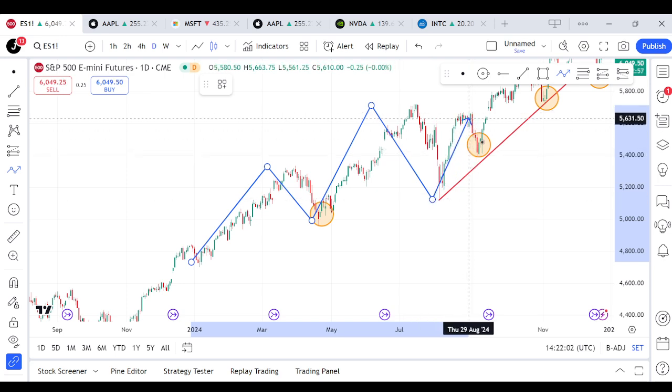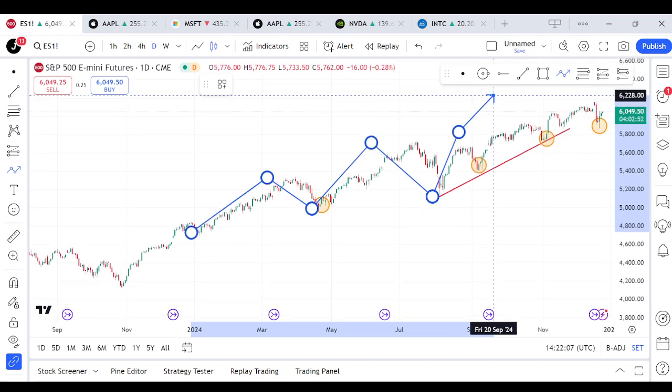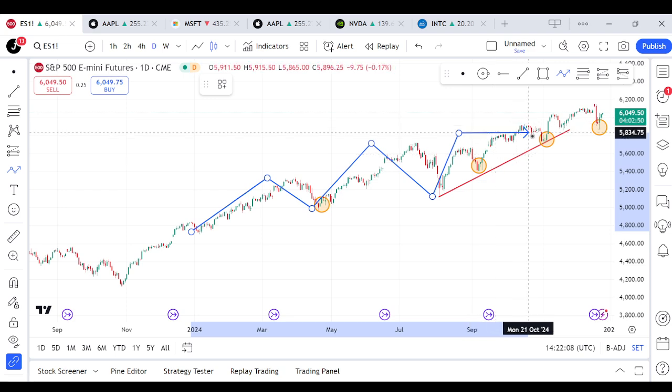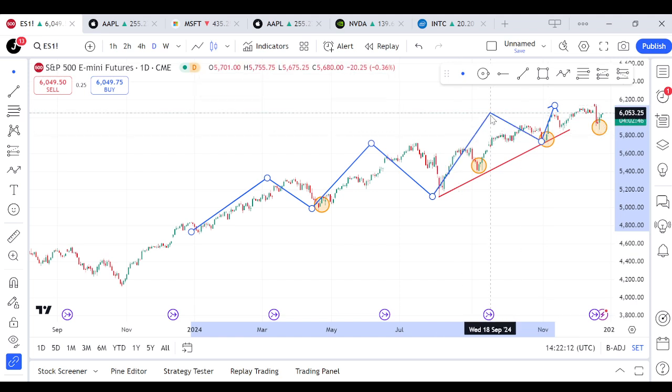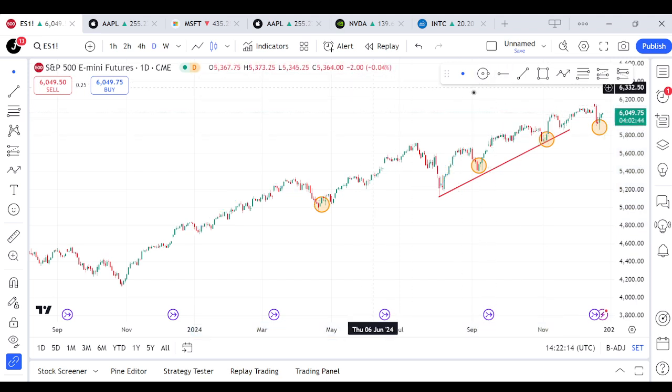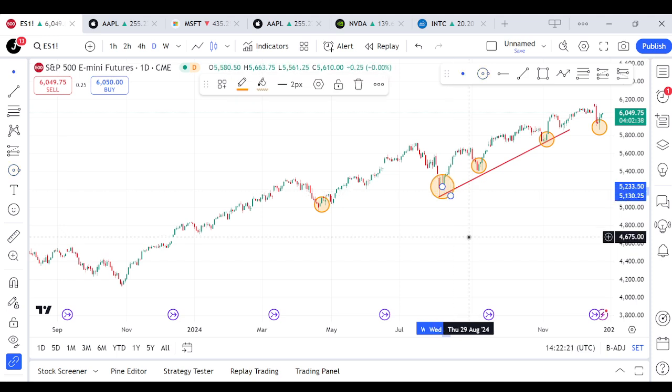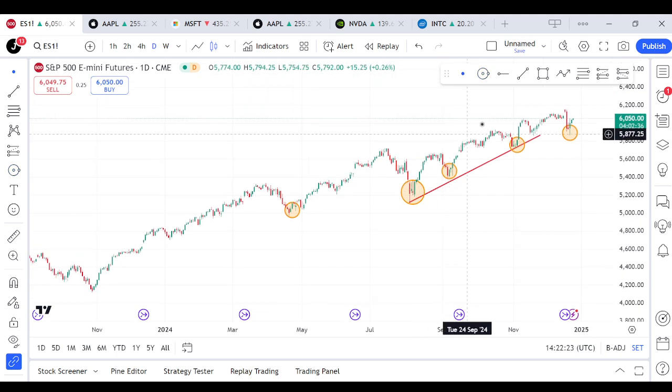And this was a consolidation that created a new higher high. A new higher high here had this higher low, and that's how it just keeps on going. So there are key bullish continuation patterns that you can spot at these pullbacks and or consolidations.